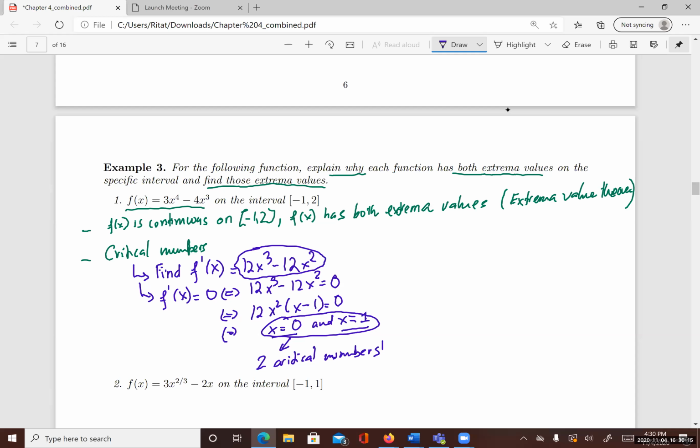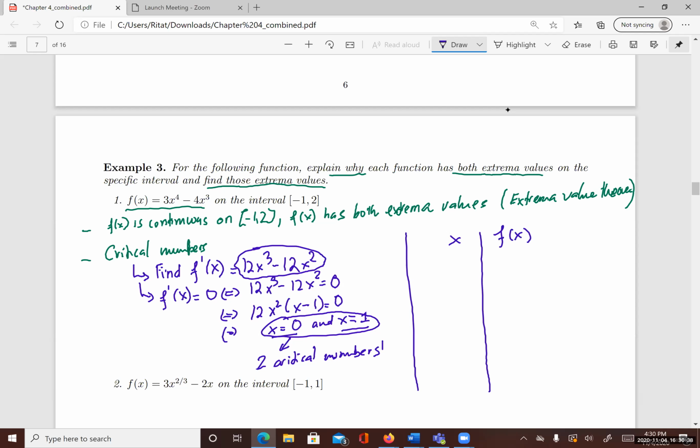Okay, what is the next step? The next step is to create a table, because I'm going to evaluate the function f at each of the critical numbers and at the two endpoints. In order to do that, it makes more sense to create a table.